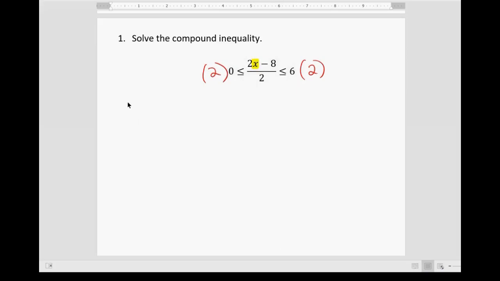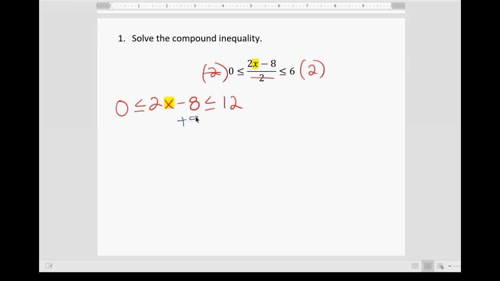On the left I have 2 times 0, which is 0, is less than or equal to, now that I crossed out that 2, so now we have 2x minus 8 is less than or equal to 6 times 2, which is 12. Now again, we are trying to get this x by itself, so we'll continue to do that.